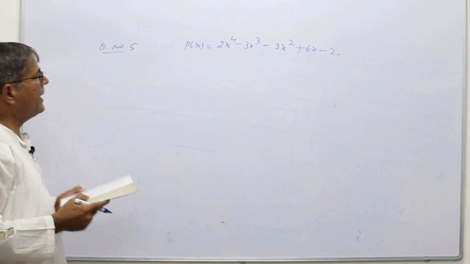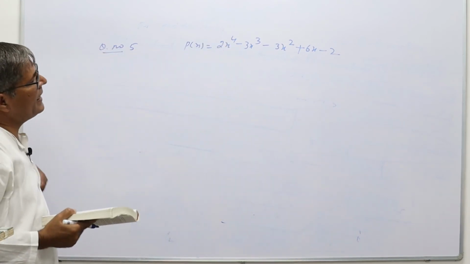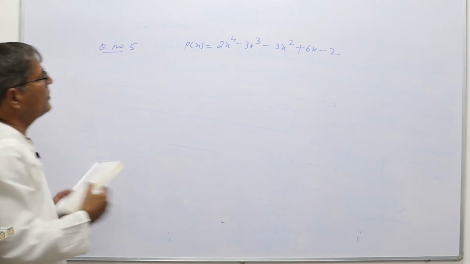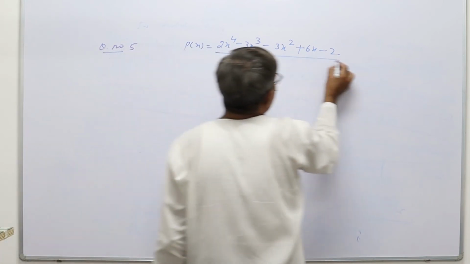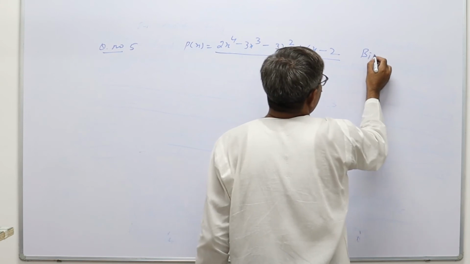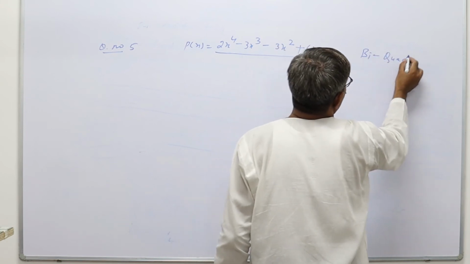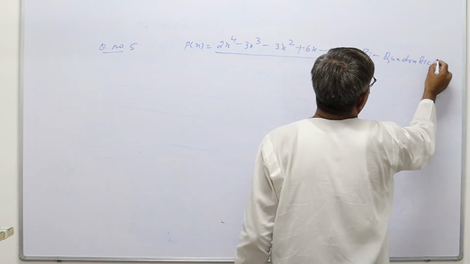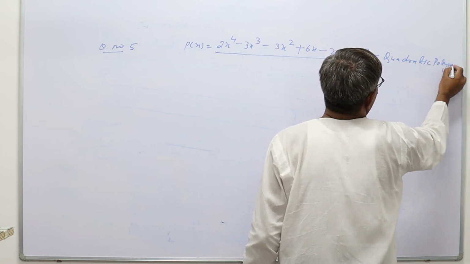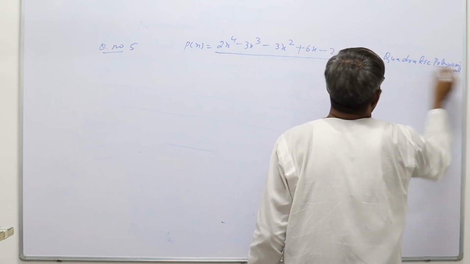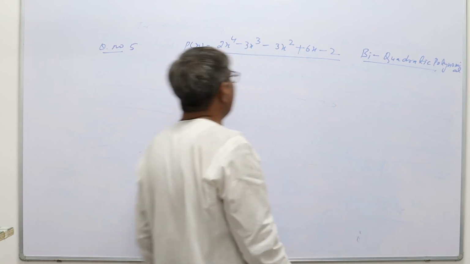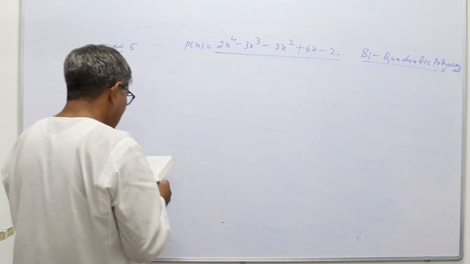So here the highest degree of the given polynomial is 4. So this is a biquadratic polynomial. Quadratic polynomial. The given polynomial is a biquadratic polynomial.